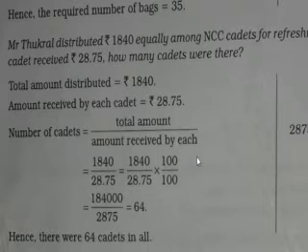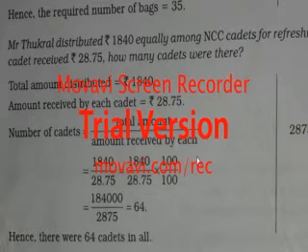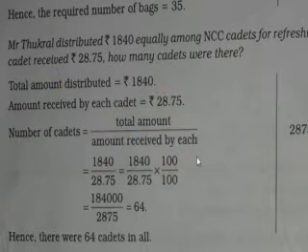So the total amount is 1840 divided by 28.75, then it becomes 100. Here there were 64 cadets in all. Here it is finding the number of cadets, and he got it as 64 cadets.